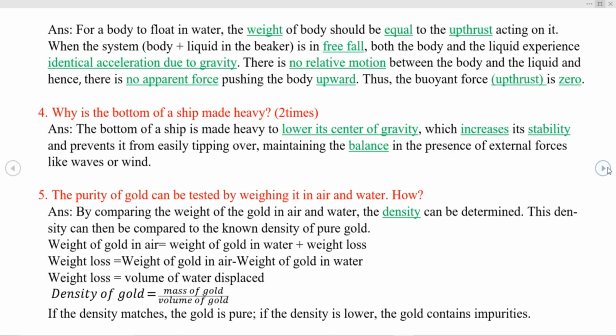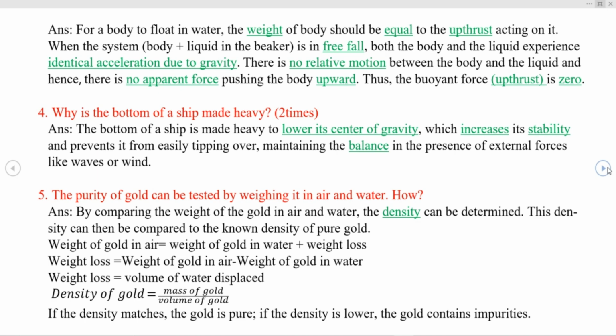Another question, the purity of gold can be tested by weighing it in air and water, and how? For this question, by comparing the weight of gold in air and water, the density can be determined. This density can then be compared to the known density of pure gold.